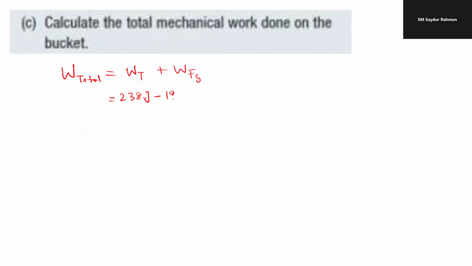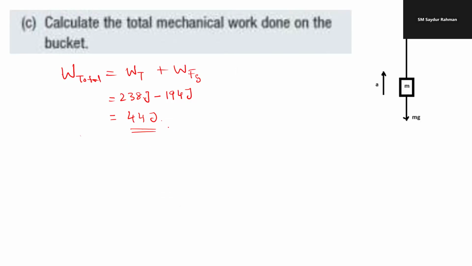If you subtract these two, 238 minus 194, you get 44 joules, positive 44 joules. Okay, so that's part C. Simple, you just add them together.